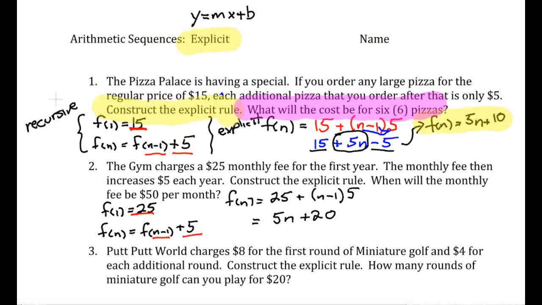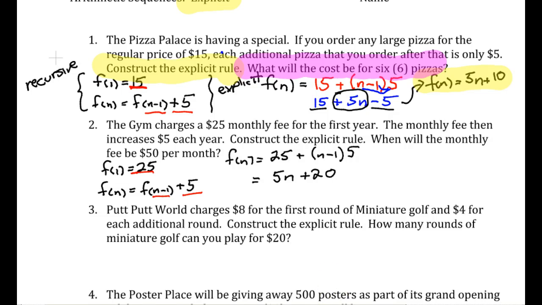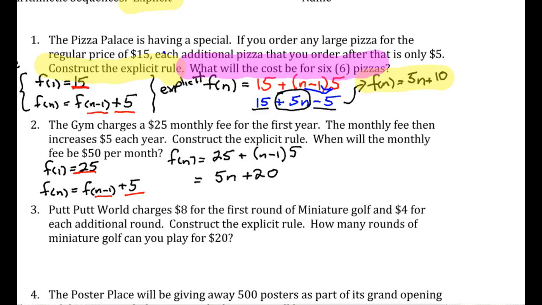So let's go back and look at 1 and 2, but answer the second question for each. So remember, they each say construct a rule. That's what we did. But then they also have this follow-up question. Now, in the first one, it says, what's the cost for 6 pizzas?